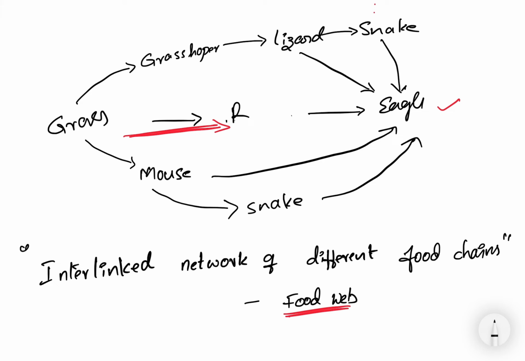If the grass disappears while the rabbit is continuously feeding on it, the rabbit will start feeding on other producers like creepers, herbs, shrubs, and other small plants.